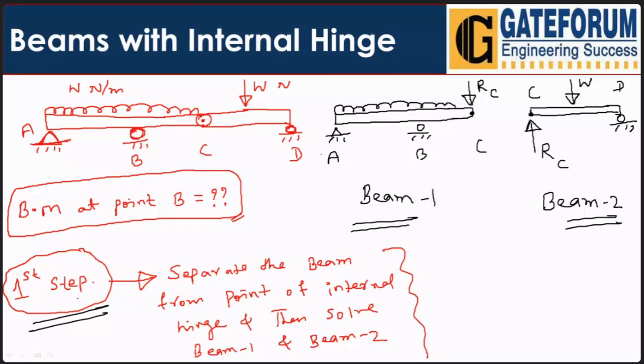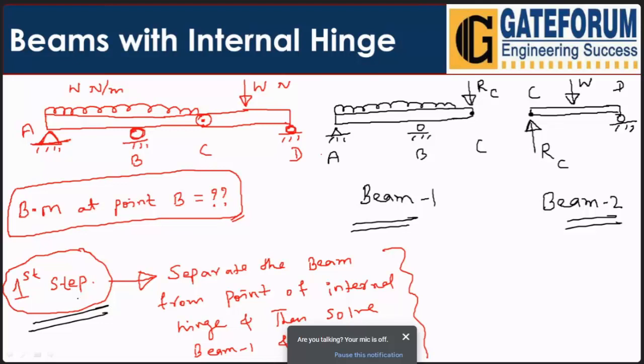Whenever we have an internal hinge in the beam and we need to calculate the value of shear force or bending moment, please start from here only. Now which portion has to be solved first?